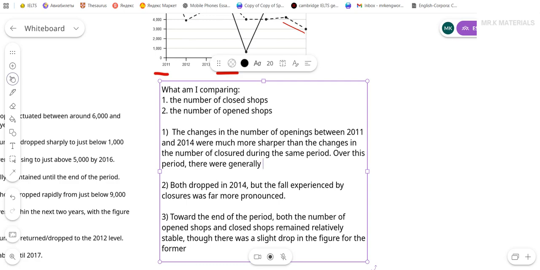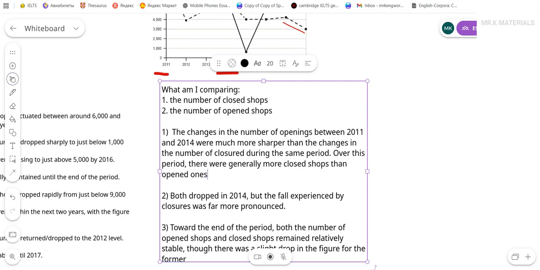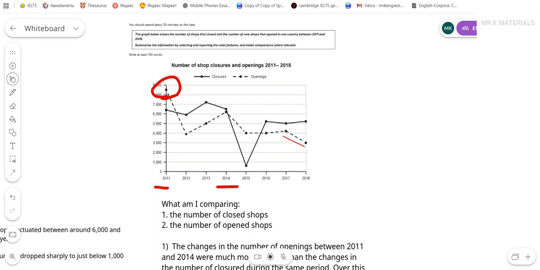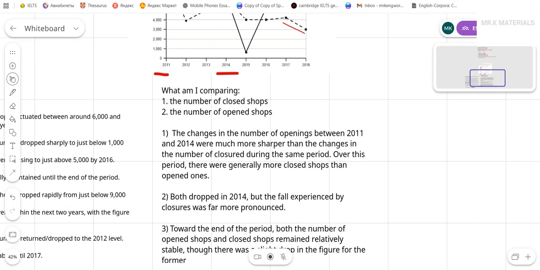Over this period, there were generally more closed shops than opened ones. Done. How about dropping during 2014? Only during 2014 there were more openings.